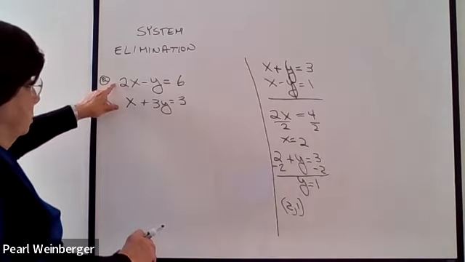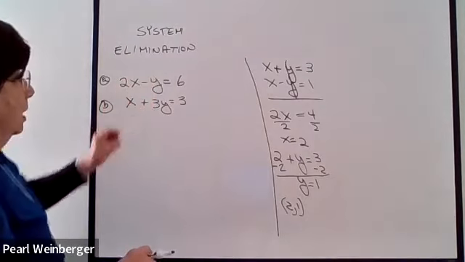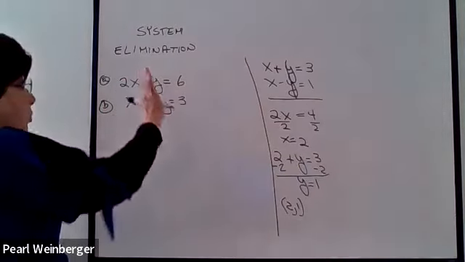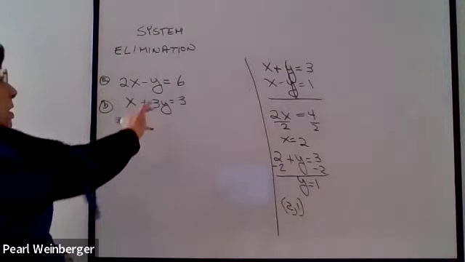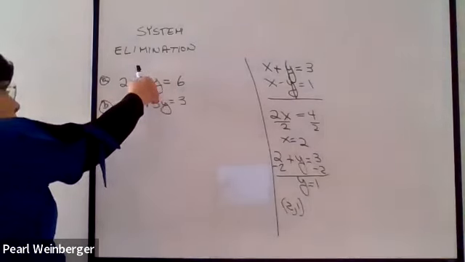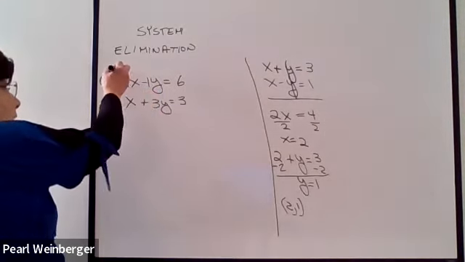In other words, remember, it's the y's that I want, and I'm just looking at the numbers. I'm not looking at the plus or minus, just the numbers. This has a 1. It's understood to be a 1 here. This has a 3.